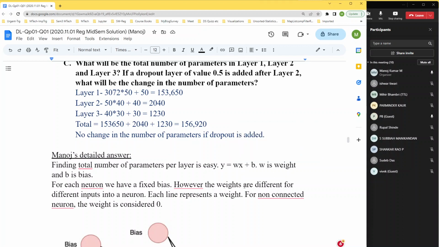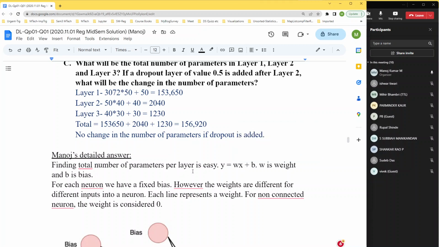So these are the two parameters we need to find. X is already given.